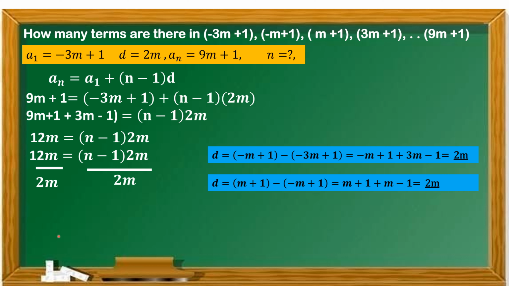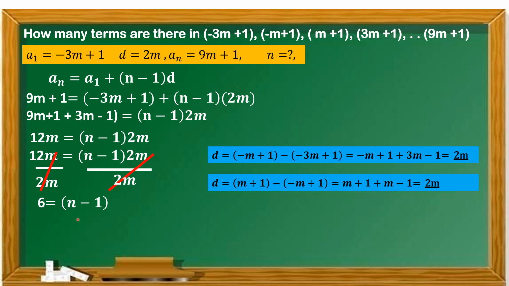So therefore, 12m divided by 2m. Okay, that's 1. So 12 divided by 2 will give us a 6. While in here, the 2m divided by 2m will give us 1 already. So therefore, the remaining term on the right is n minus 1.